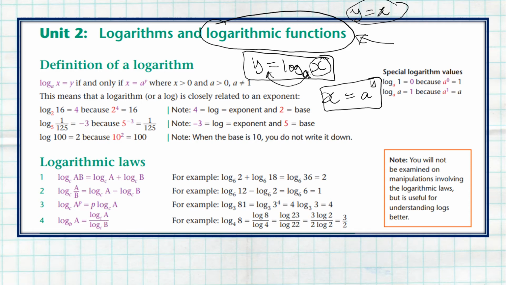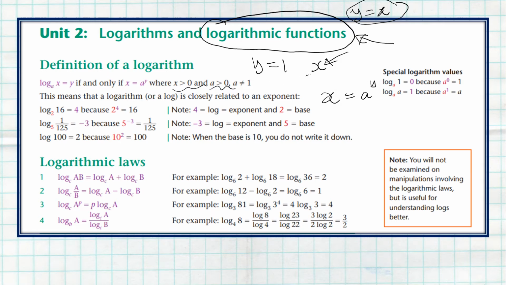The condition is that x must be greater than 0. It means this x cannot be equal to 0, because immediately when it is equal to 0, it becomes undefined, right? And also your a must be greater than 0, but a must not be equal to 1. So that's basically its condition.